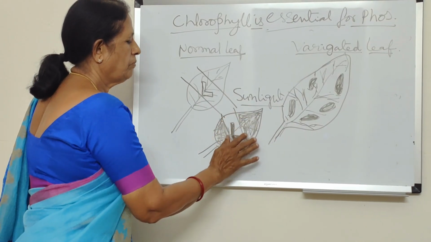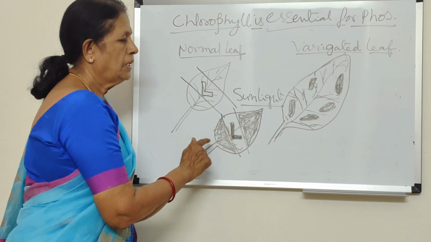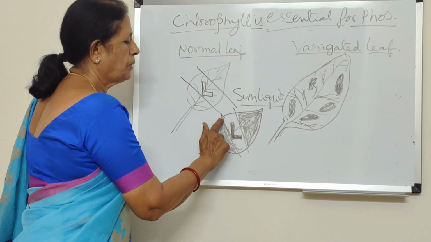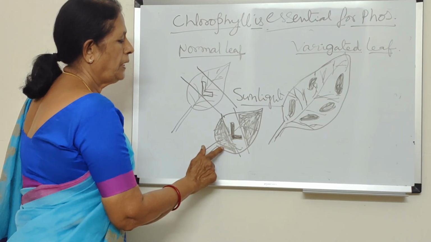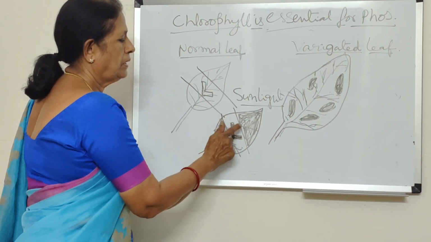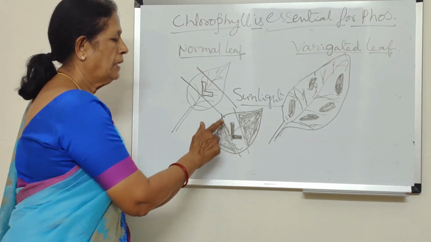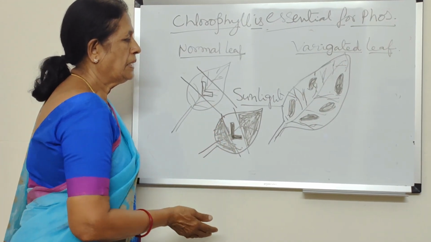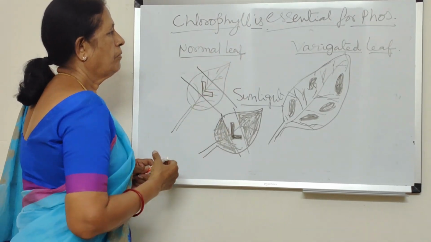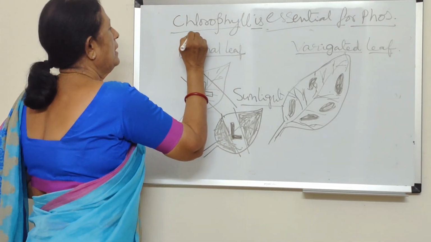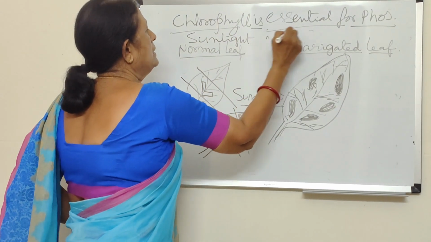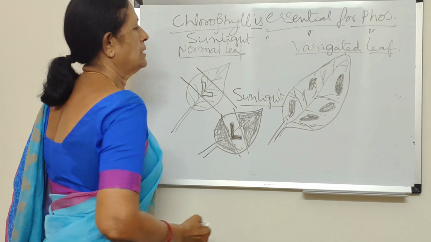After 3 to 4 hours, when we check it with iodine solution for the presence of starch, the exposed part of the leaf will turn blue black, and the covered part will not turn blue black, which shows that sunlight is essential for photosynthesis. So in this way we can say chlorophyll is essential and sunlight is also essential for photosynthesis.